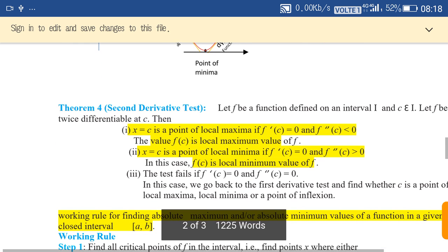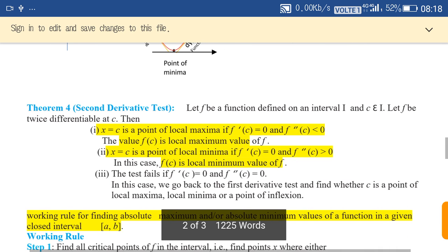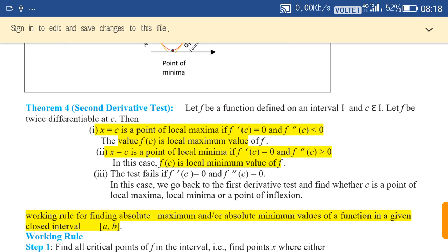Here is another concept, the second derivative test, to check the point of maxima and minima. In this, f is a function defined on an interval I and c is a point in interval I. Let f be twice differentiable at c.